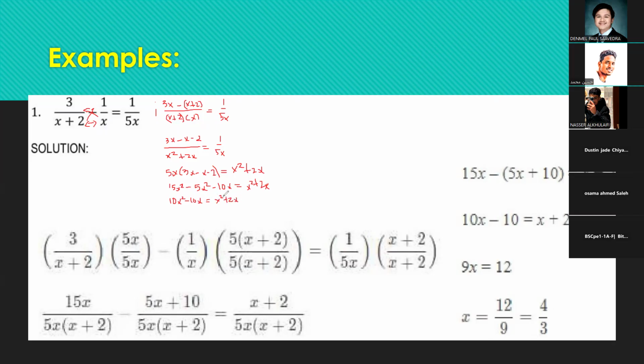Next thing is we can actually transpose everything to the left side for now so that we could simplify. So 10x squared minus x squared minus 10x minus 2x is equal to 0. So 10x squared minus x squared is 9x squared, minus 10x minus 2x is negative 12x.